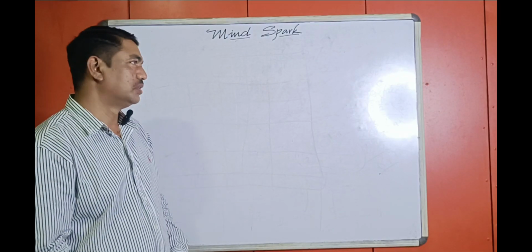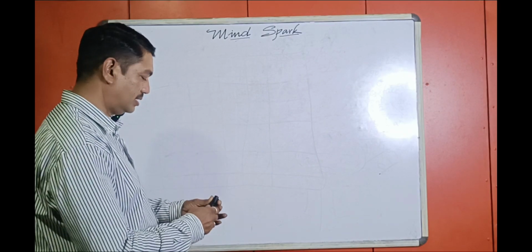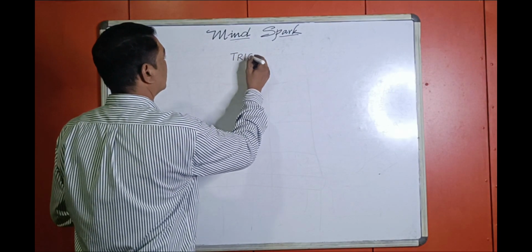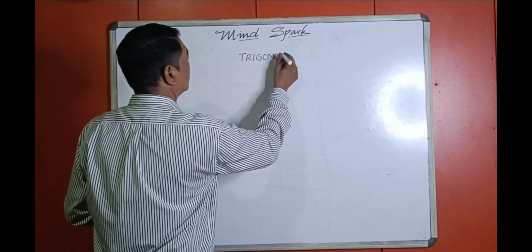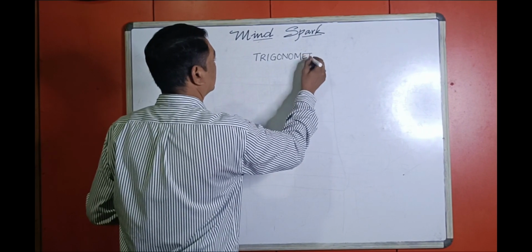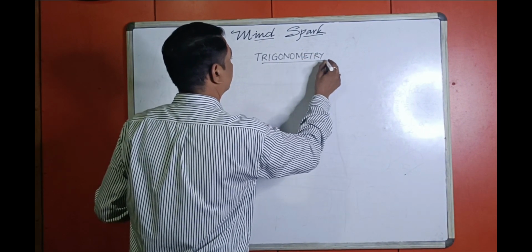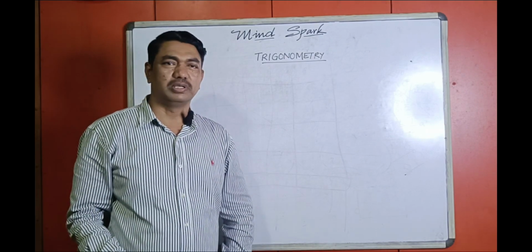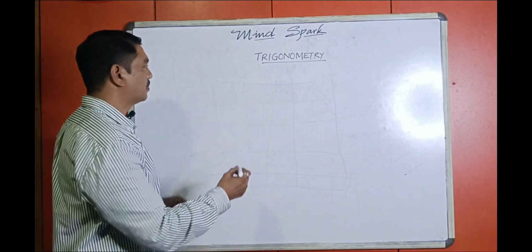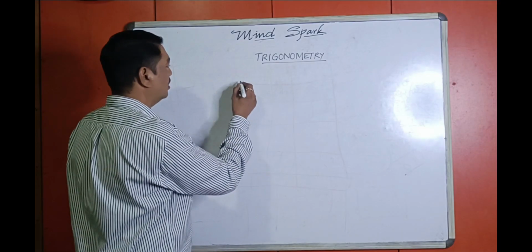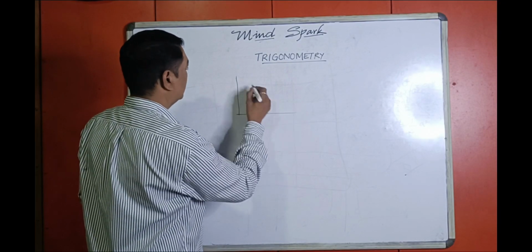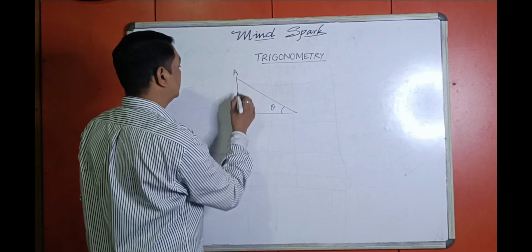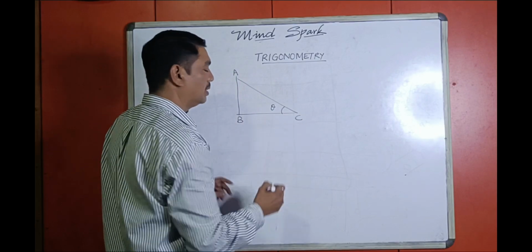Okay, so trigonometry is the next topic in maths. Here we are going to introduce the term theta, for a right angle triangle ABC.